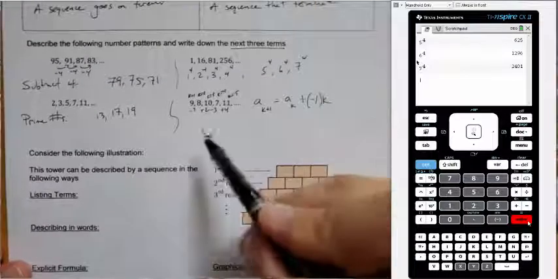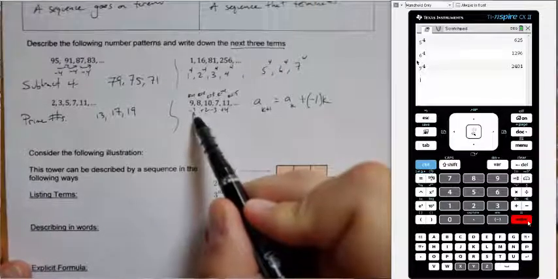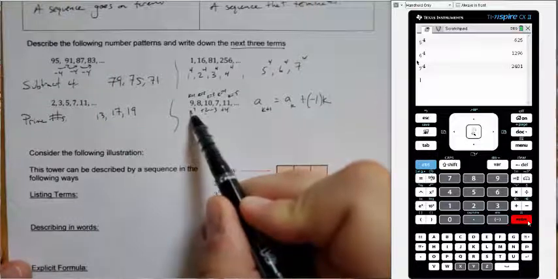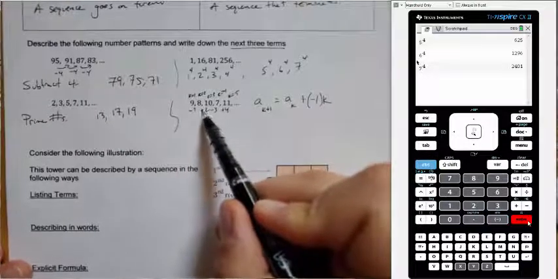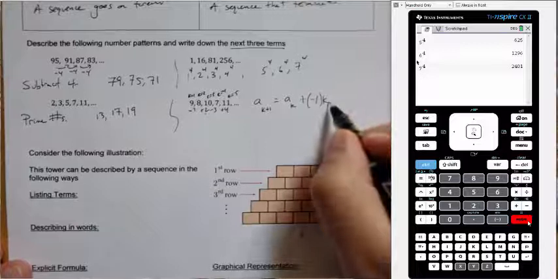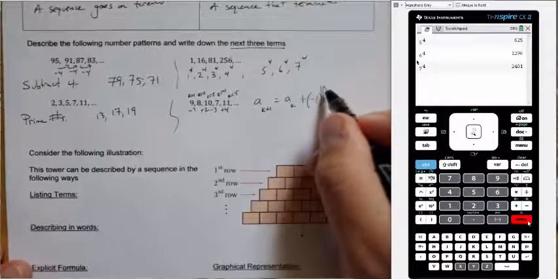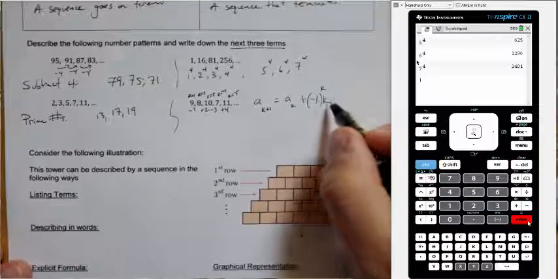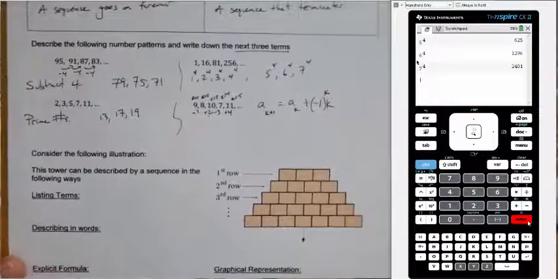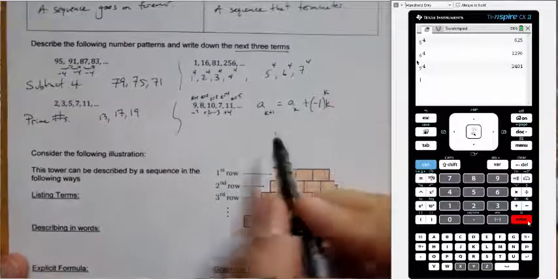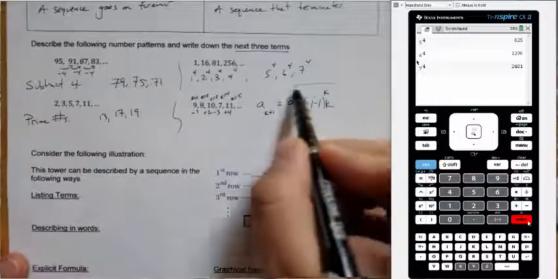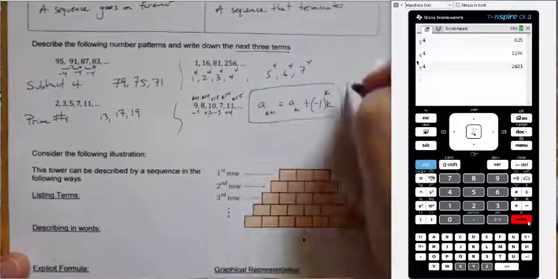When k itself is odd, we want to add the negative value, but when k itself is even, we're going to add positive. So when k is odd, we want odd exponents. Maybe the exponent should match the value of k. So this would be a recursive rule for this sequence.